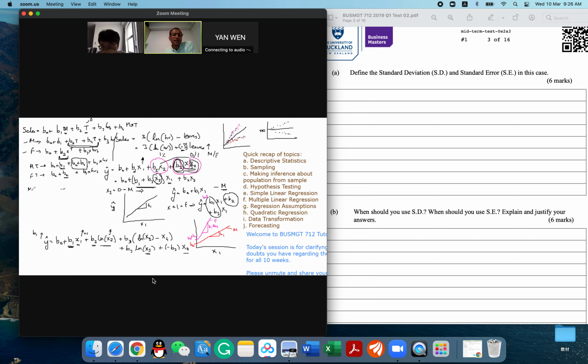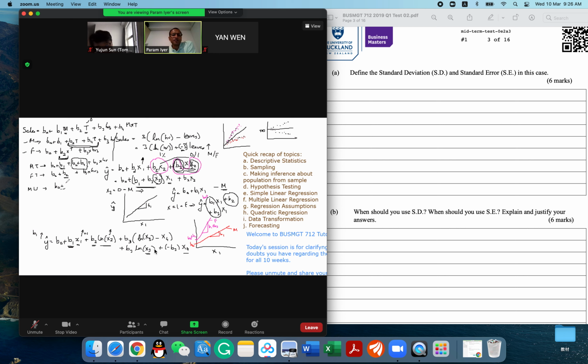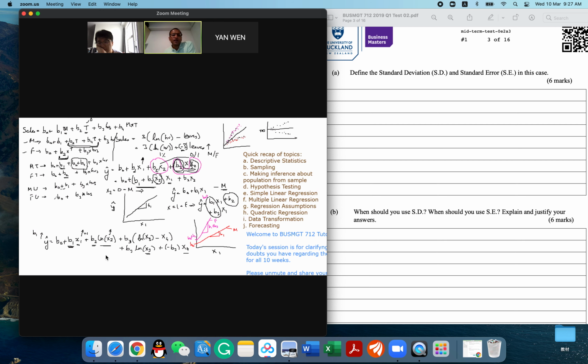Now if it's a male without training, in that case the T becomes 0. So then you would have something like B0 plus B1 plus B3 times hours. Whereas if it's a female who is untrained, it simply becomes B0, your B2 goes away, plus B3 times hours. So if training is not provided, then this term is anyway not relevant.